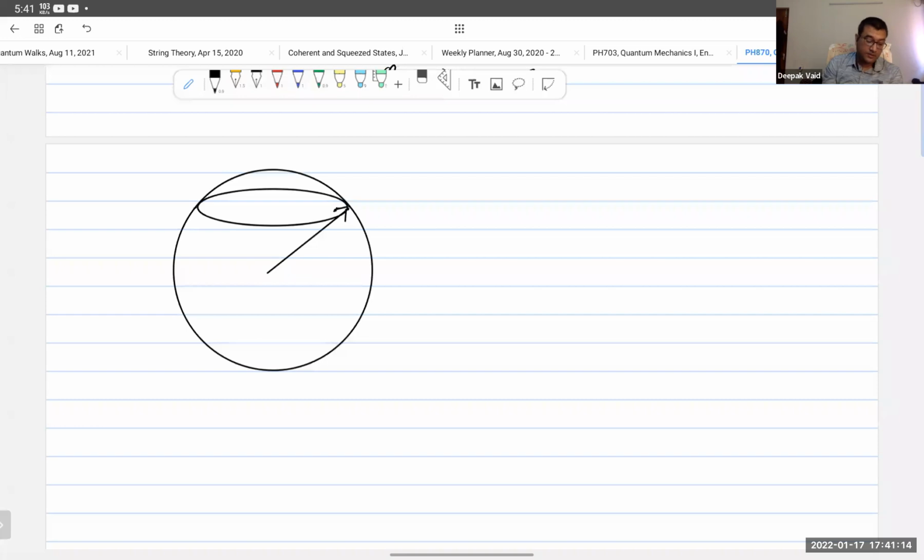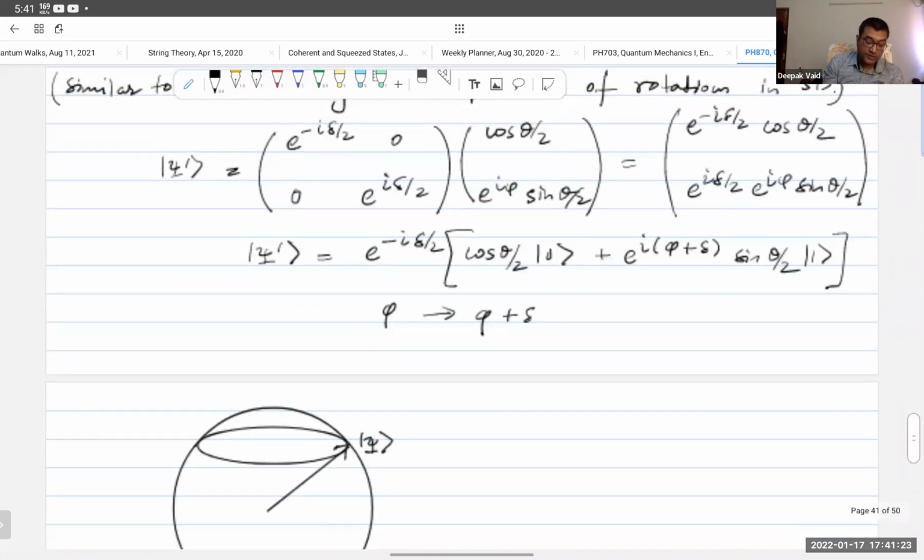Okay, this is your state psi. And what is the effect of this gate?